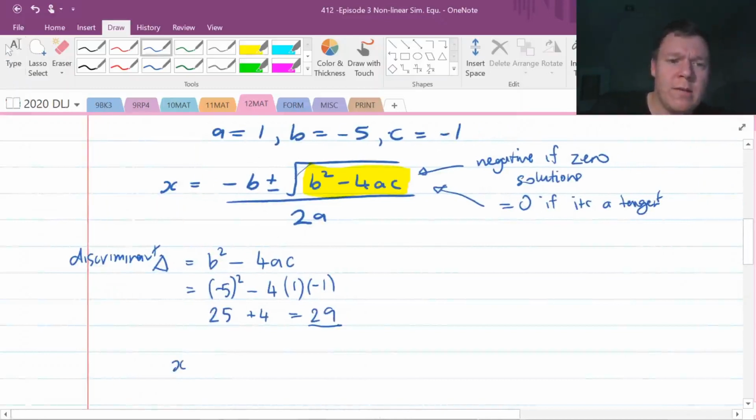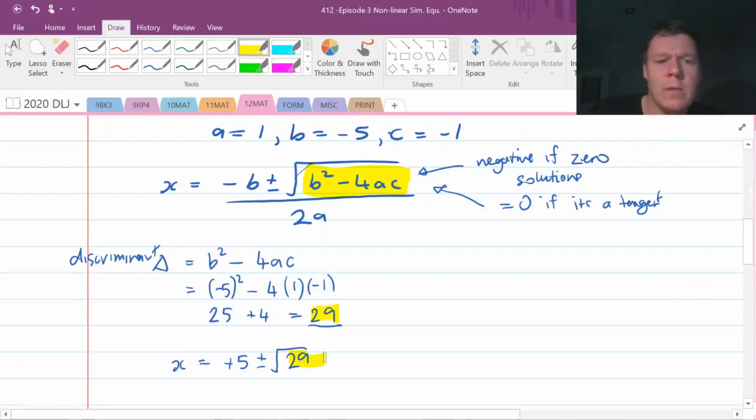So x equals negative b, which will be positive 5, plus or minus the square root of 29. So that's our discriminant.